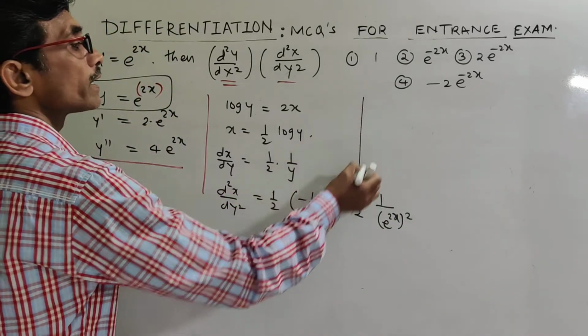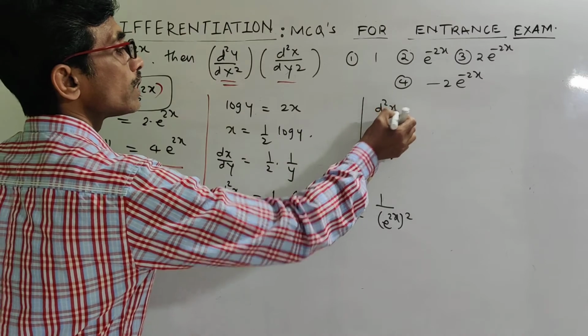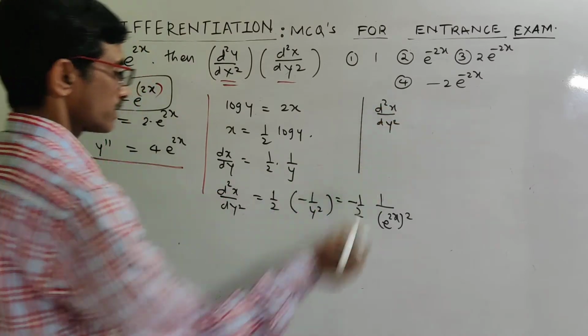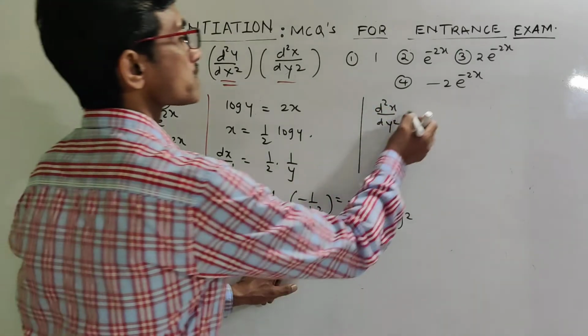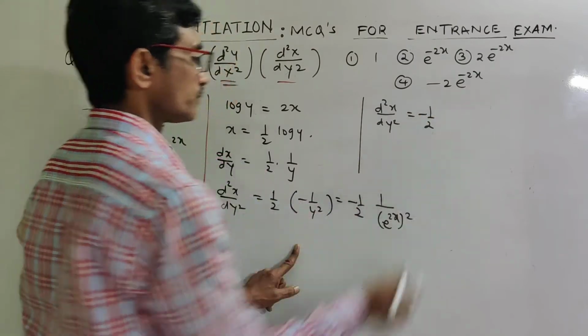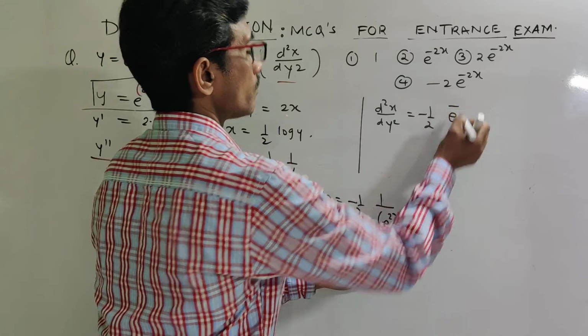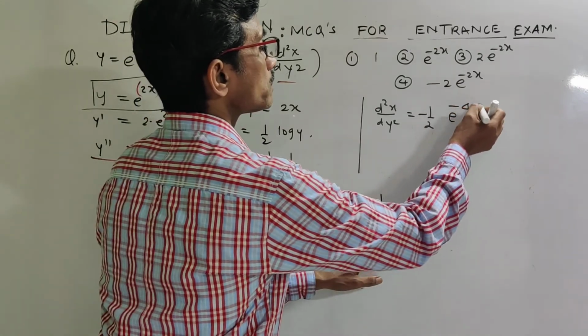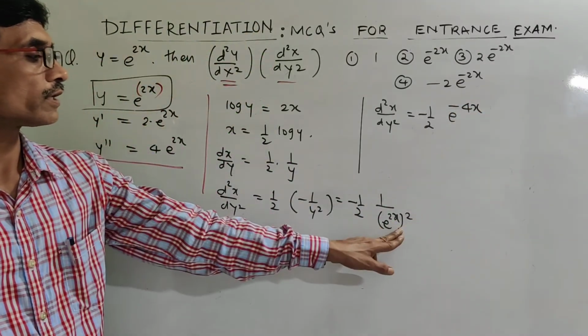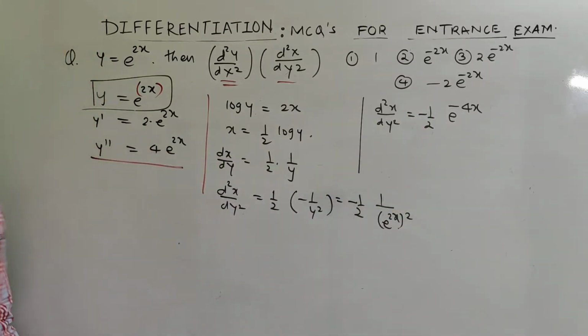Therefore d square x by dy square is equal to minus 1 by 2 e raised to power minus 4x, since e raised to power 4x is in the denominator.